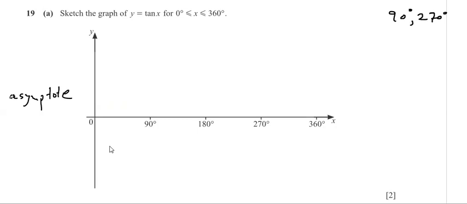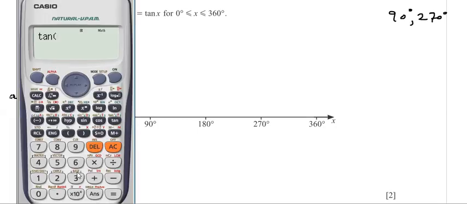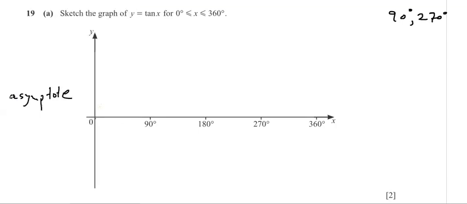Then check tangent 360. At 360, the value is also 0, so it is not an asymptote. So from 0 to 360, these two values are the asymptotes, meaning these are the angles where the graph will not cross or touch them.